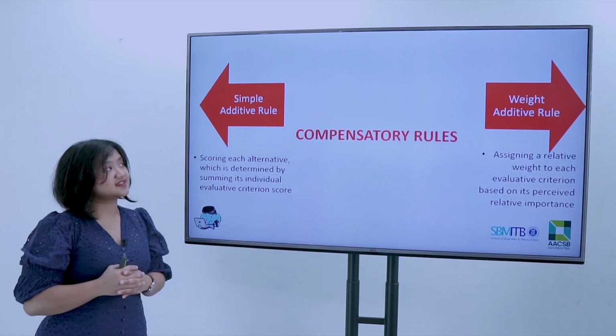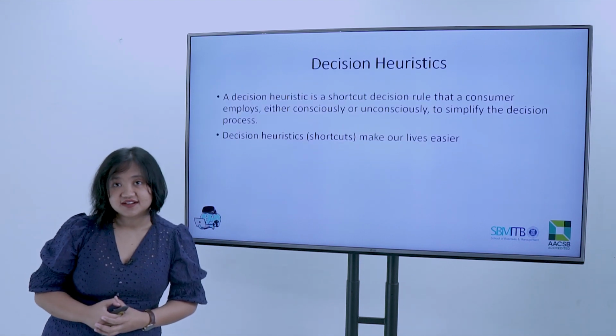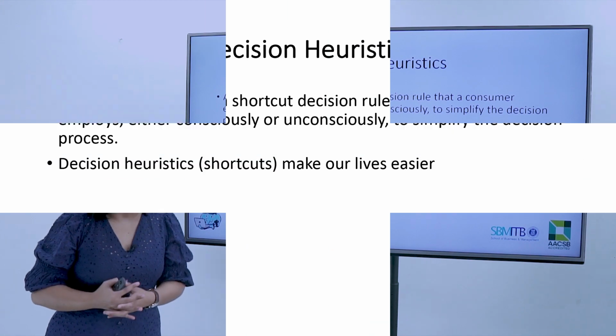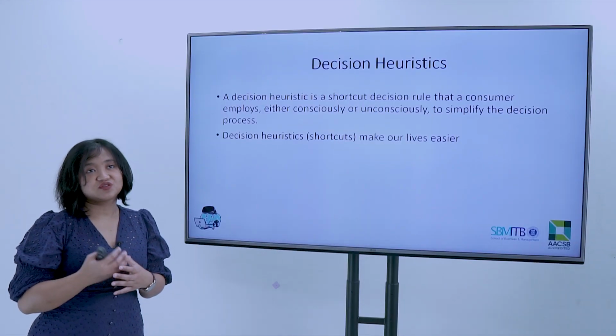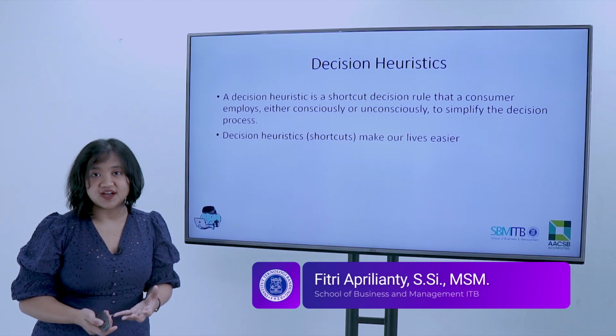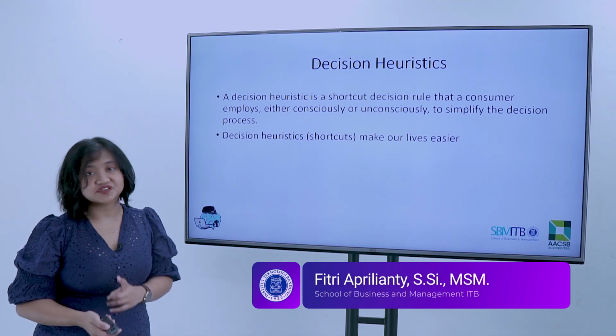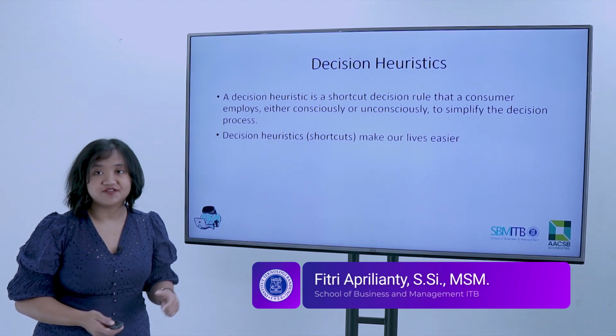And next, there are some decision heuristics. In a special situation, sometimes when we are in a hurry or when we don't have much information to decide which product we should buy, this process makes our life easier.